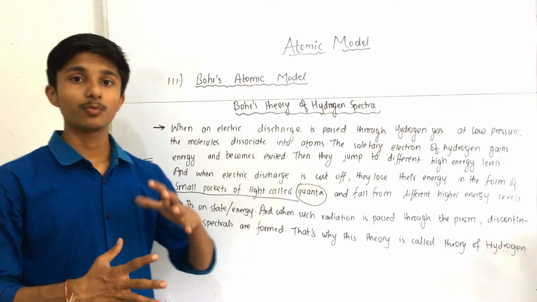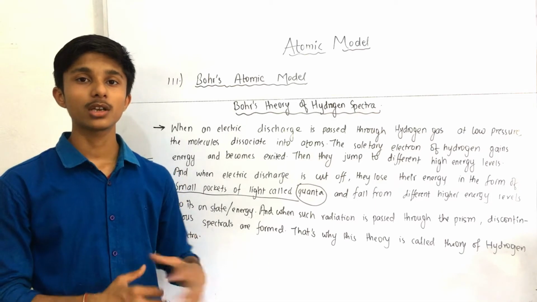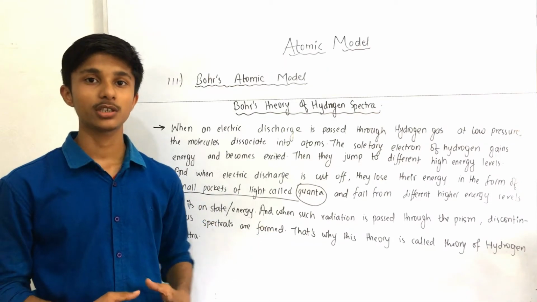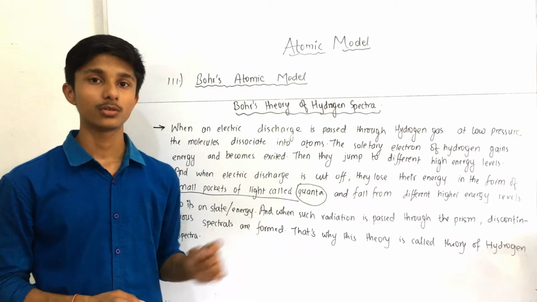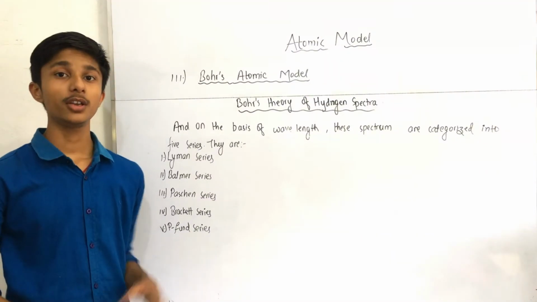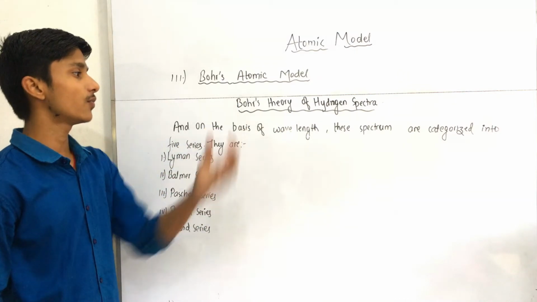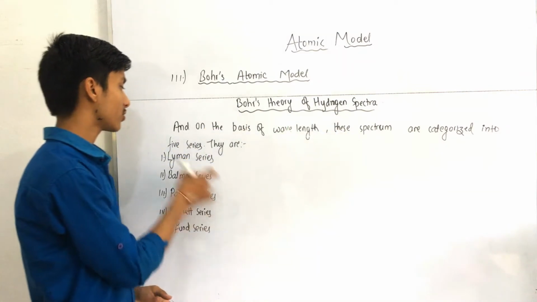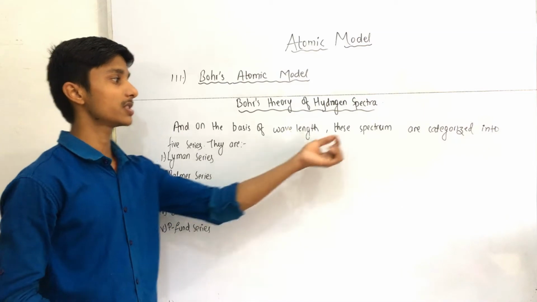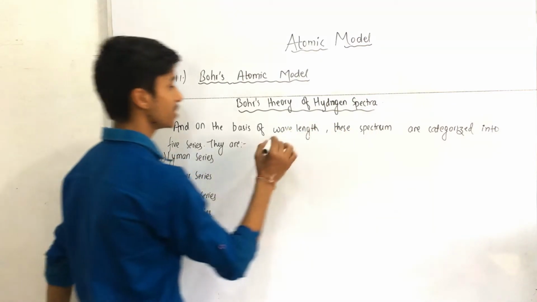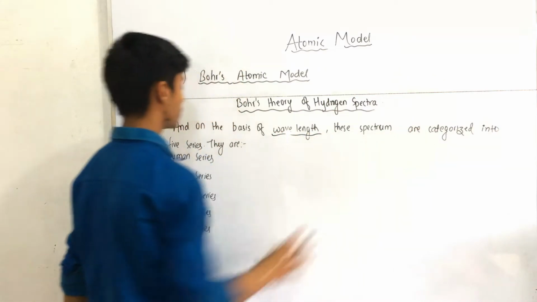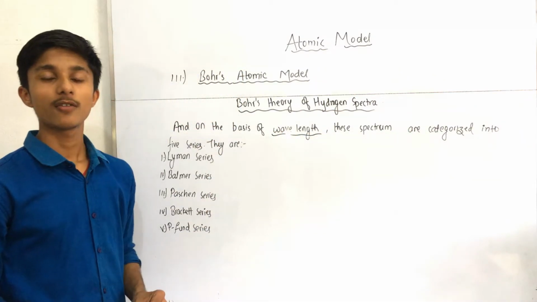And on the basis of wavelength, spectral lines are separated into different series. So now we are going to deal with that topic. Here you can see, on the basis of wavelength, these spectra are categorized into how many series? 5 series.